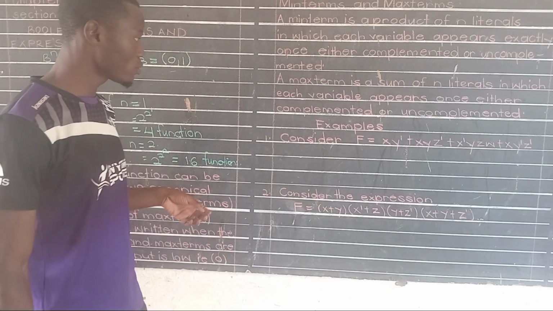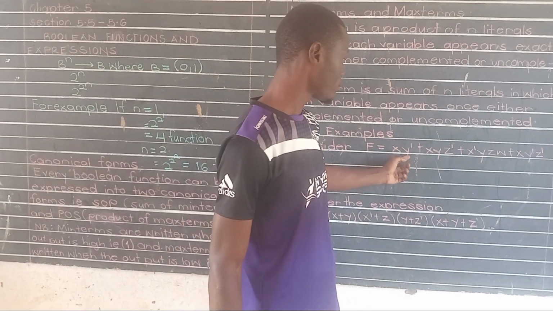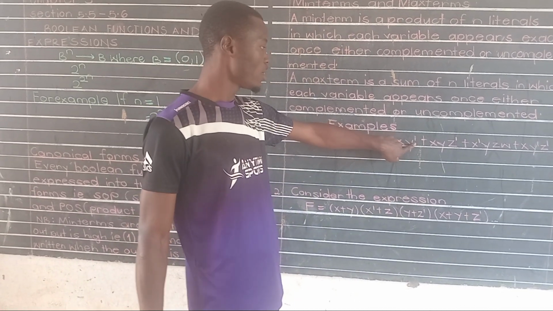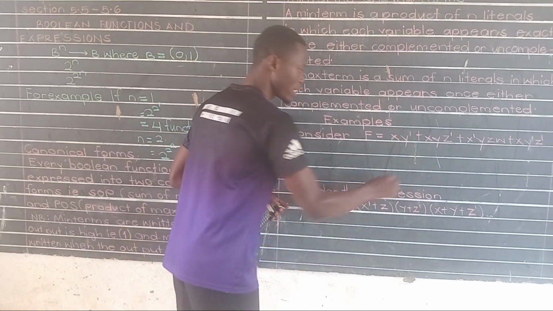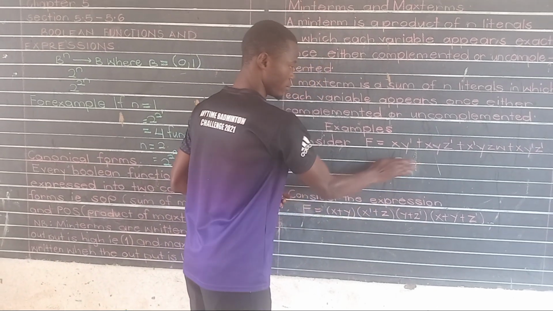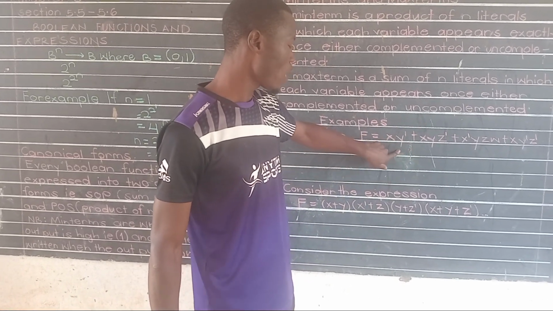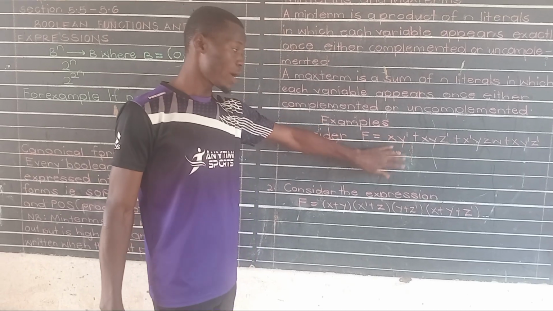For the examples, I'm considering the function F as xy', where y has a complement on it, which I can read as y prime, and sometimes we may write it as y bar, but the meaning is the same: y prime, y not, or y complement.